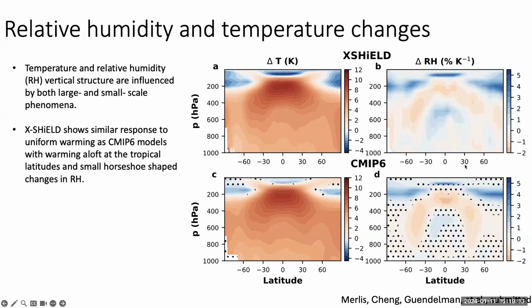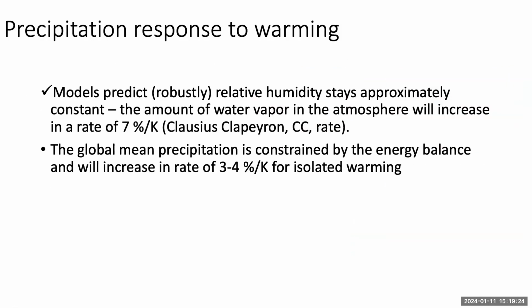Another thing that is interesting is that even the spatial shape of the changes is similar to the changes that we can see in the CMIP6 models. Now, given that XShield and CMIP6 models predict similar changes in relative humidity, I just want to say, I'm going to focus a lot on precipitation, but these are related things.